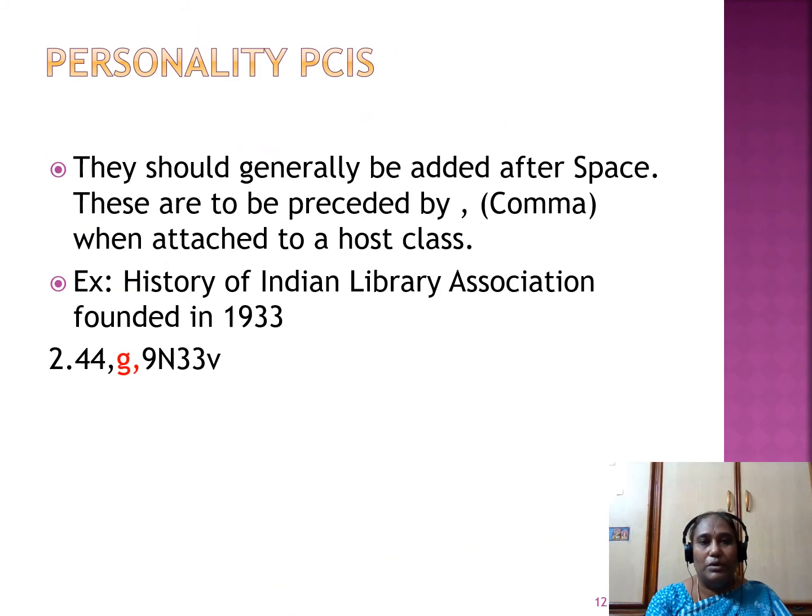And coming to personality posteriorizing common isolates, they should generally be added after space. After space only we need to connect these isolates, and these are to be preceded by a comma. A comma should be there to attach it to the host class. For this personality posteriorizing common isolate, the connecting symbol is a comma.